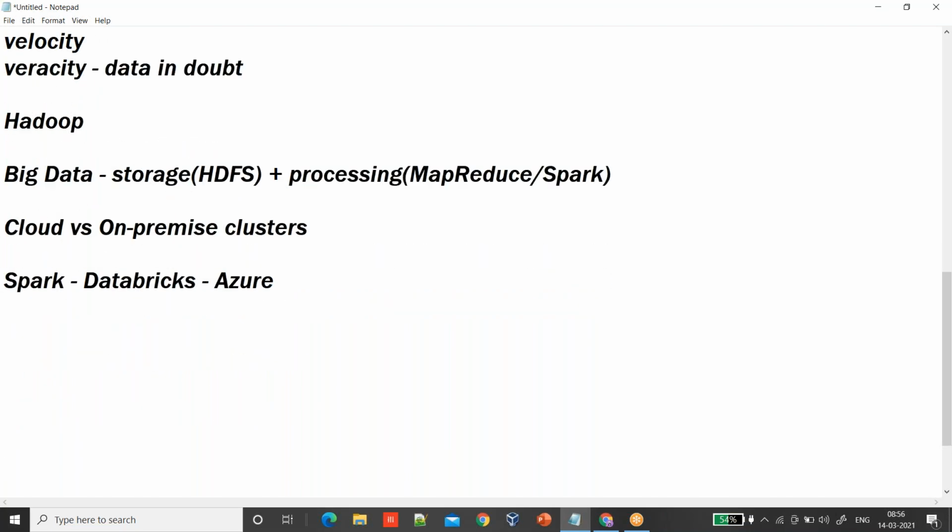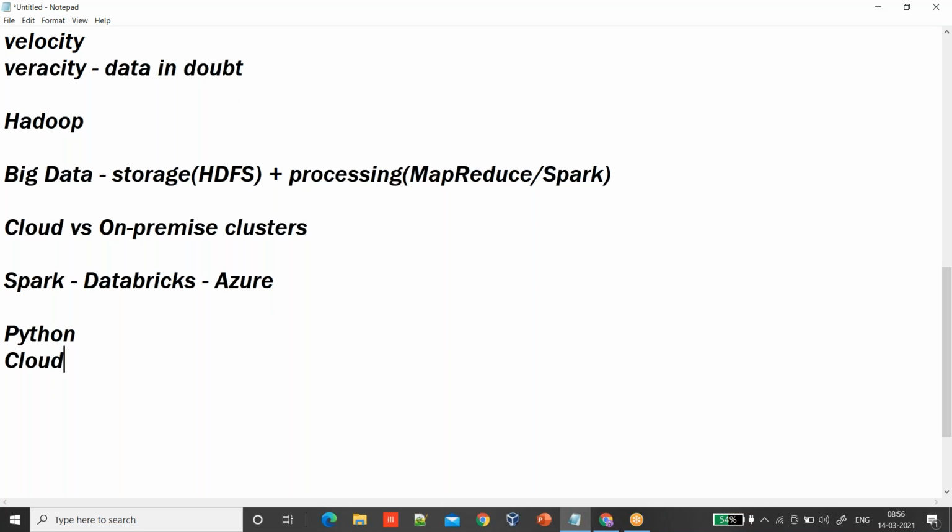Now, what are you going to learn? For the first couple of weeks, we will be spending some time on learning Python basics, which is very, very important for developing Spark applications. And then I'm going to walk you through the cloud environment. Though we are using cloud only for deployment purposes, it is required for you to know what cloud actually does.